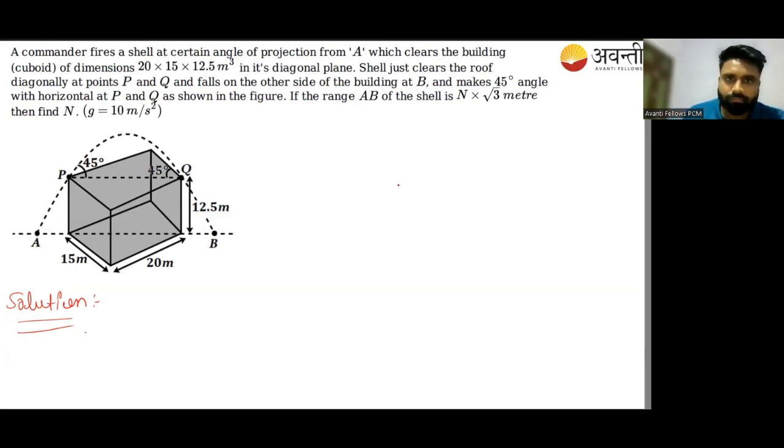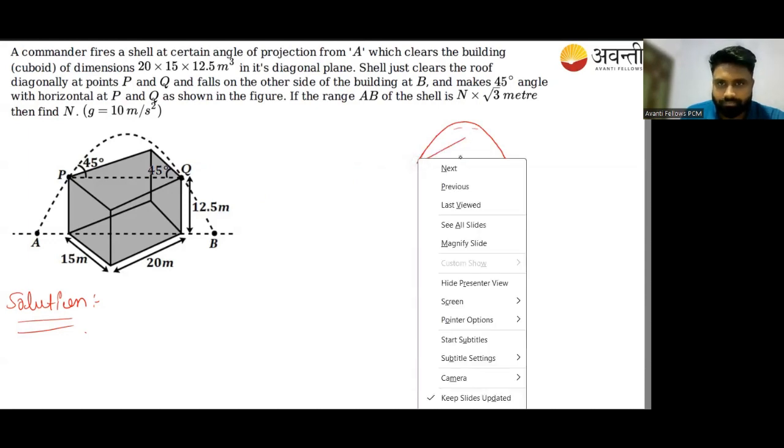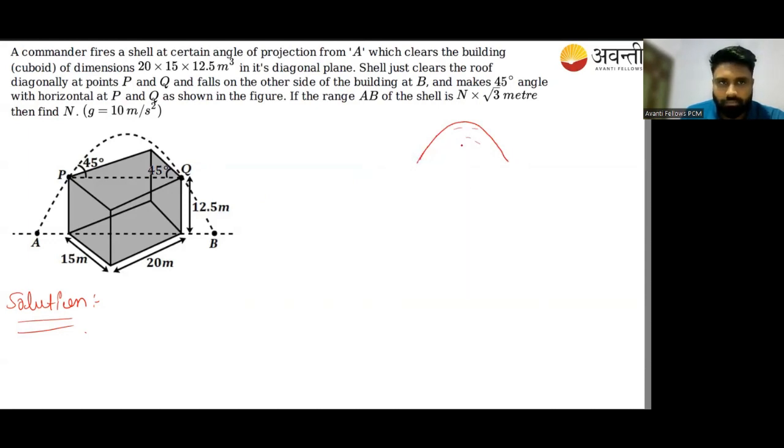Now, in this question, on the upper part you will see this is a cuboid you have.